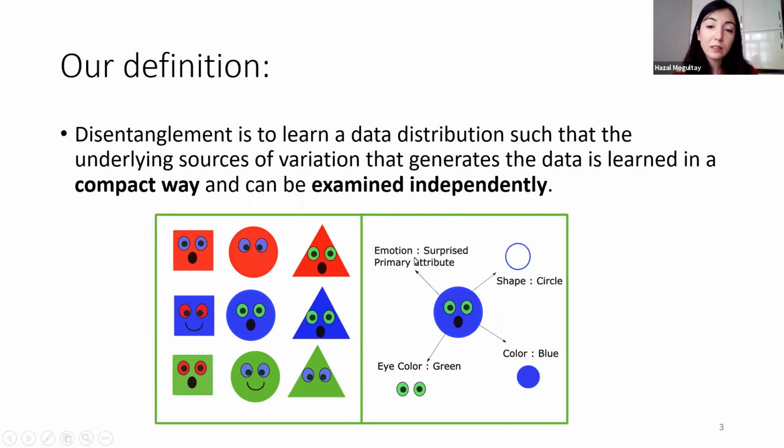So we are trying to classify emotion of the shape, but you can see there is a bias in this data set. For example, most of the rectangles here are surprised. So this can affect our machine learning algorithm. If we can separate these generating factors like color or shape, our algorithm can work in a better way.